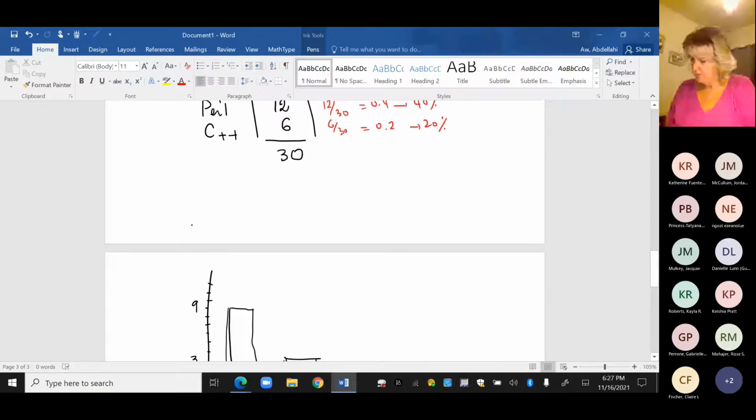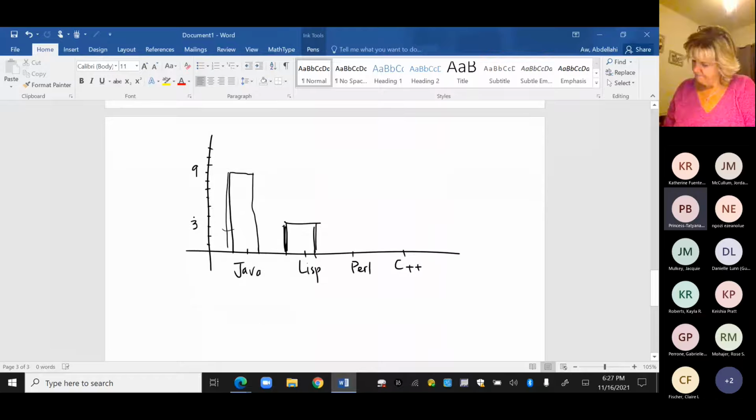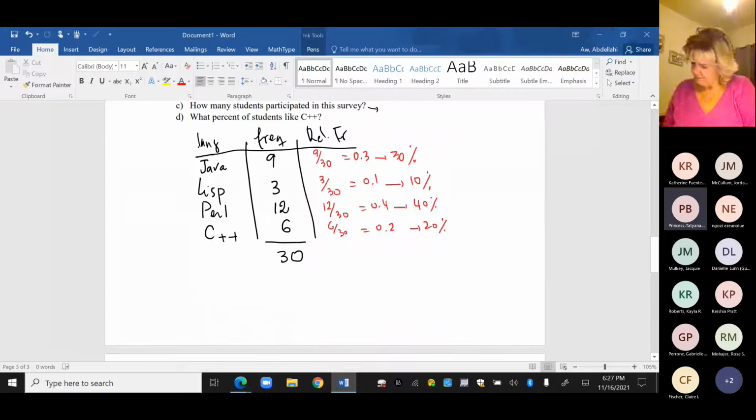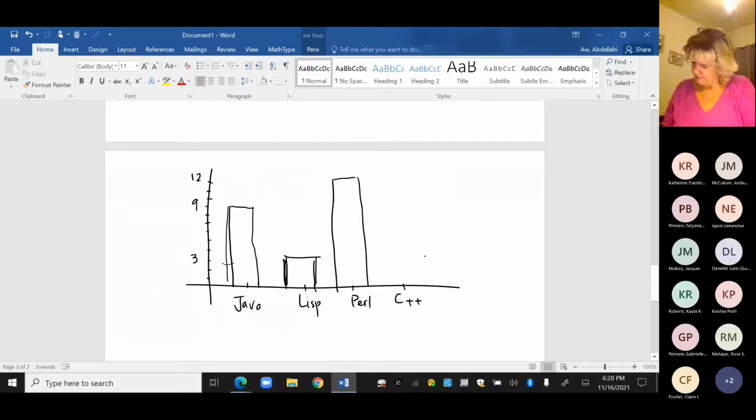And then Perl is 12, which is like this. That is Perl, this is 12. And finally, C++ is 6. 4, 5, 6, C++ is about here. That is a bar graph, you see. No more, no less than that.